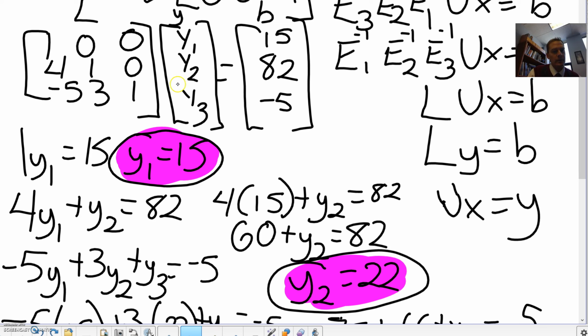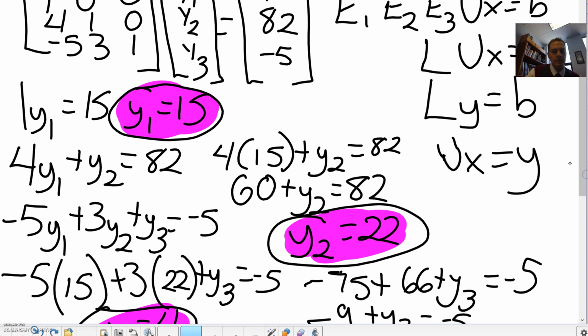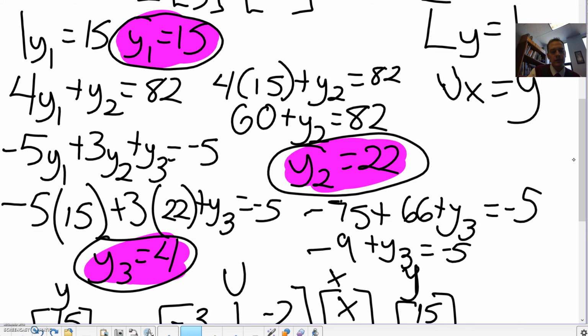Remember, this is a dummy variable I'm going to be using later. And then negative 5 of the first plus 3 of the second plus 1 of the third equals negative 5. So if I substitute, negative 5 of 15 plus 3 of the 22, those two answers I just got, plus y sub 3 equals negative 5. I have negative 75 from this, positive 66 from that, plus y sub 3 equals negative 5.